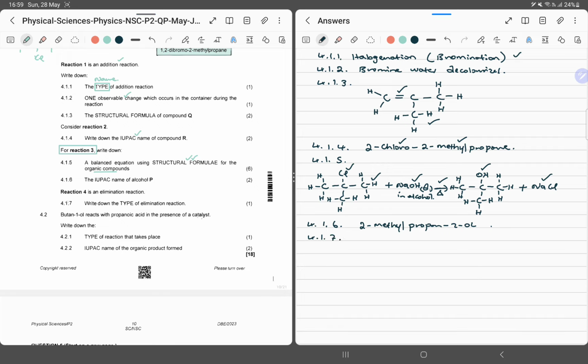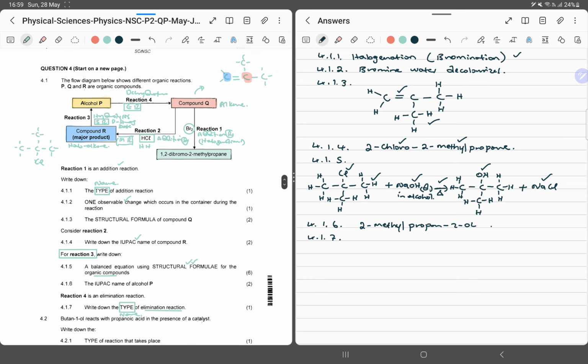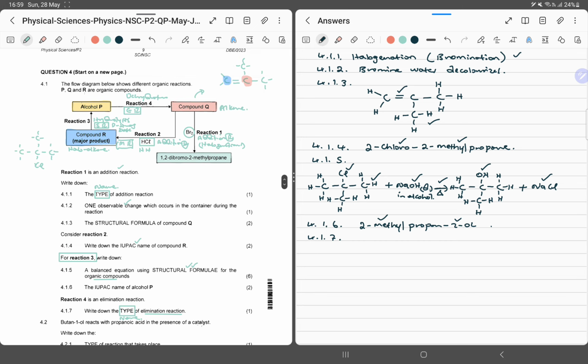4.1.7 says, write down the type of elimination. Already this is the type, so probably they want the name of the elimination reaction, which is now reaction 4. Okay, so here we've got our position of the OH and the side branch, I guess.